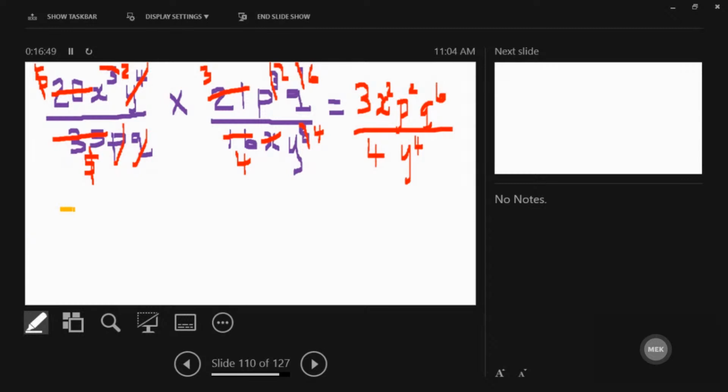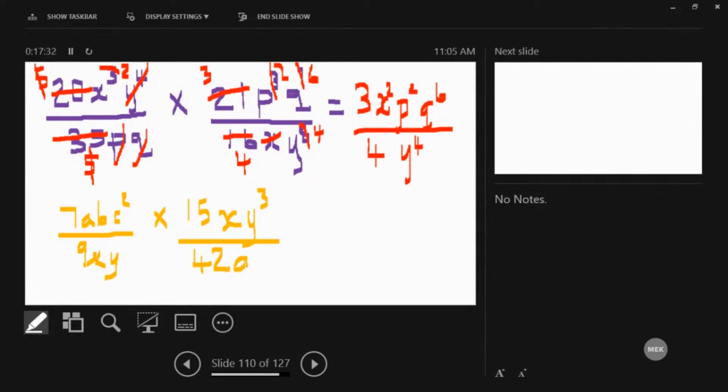All right, so let's say we have 7abc over 9xy times 15xy to the 3rd power over 42a to the 4th b.